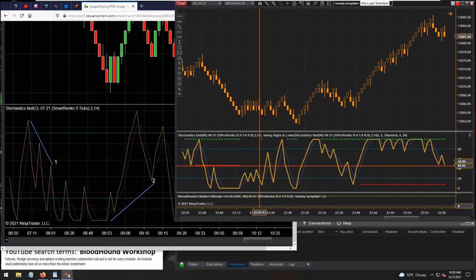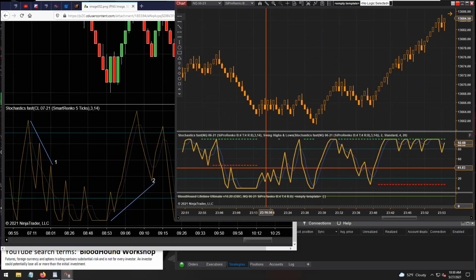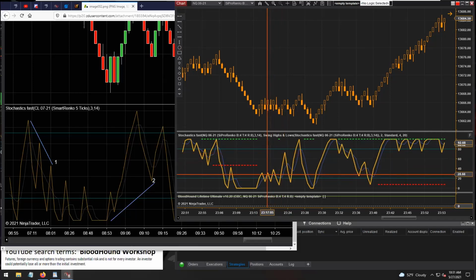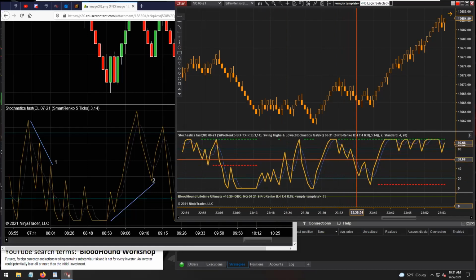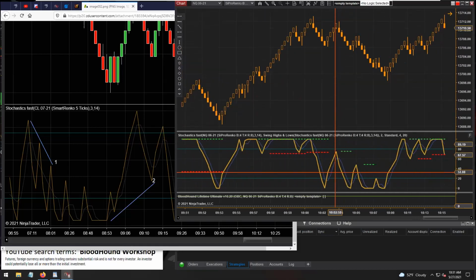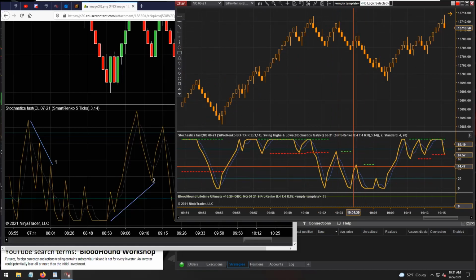So here's an example of making sure that your swing indicator settings match what you want to see, because you see all these little high points and low points that are not being identified by the swing indicator. Whereas if I scroll back, these wider high points are being detected.